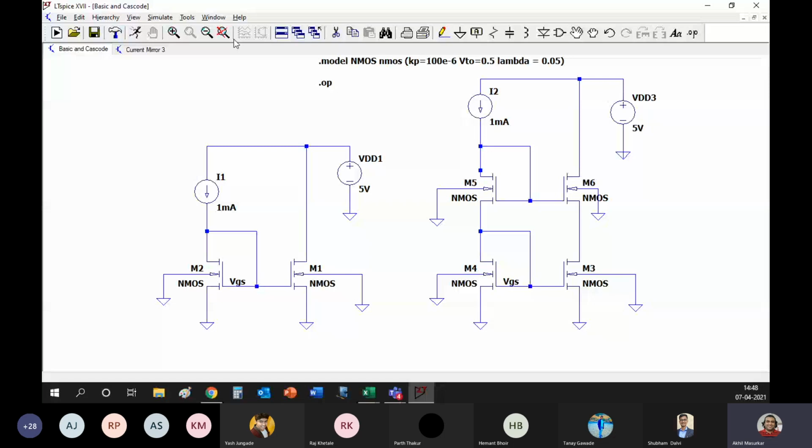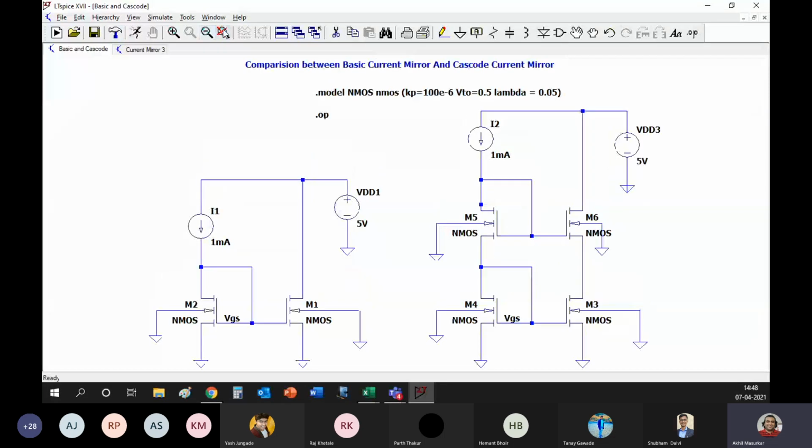Once you all are done with this circuit, first you will post this circuit in the chat box. We want to have this first on our simulators, and then only we will go ahead. Please put this in your chat box.